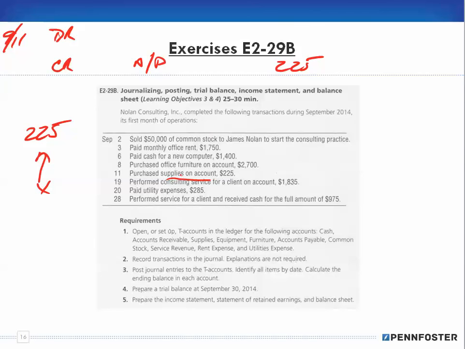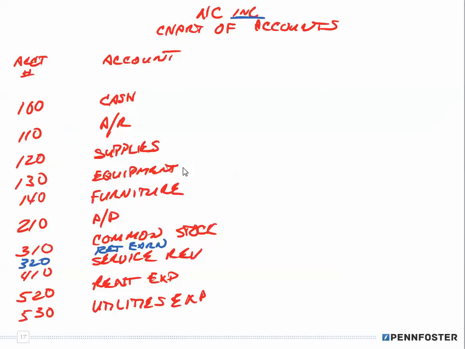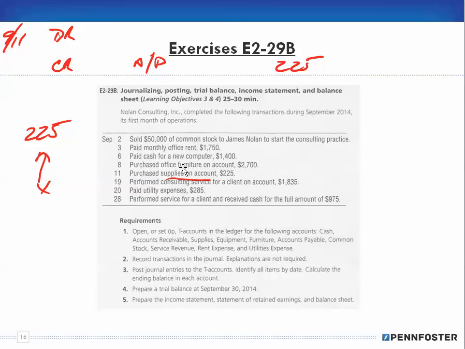So now what am I purchasing? Supplies. Look at my chart of accounts, and you can see that there's a supply account. So use the supply account. And that's the journal entry for that.